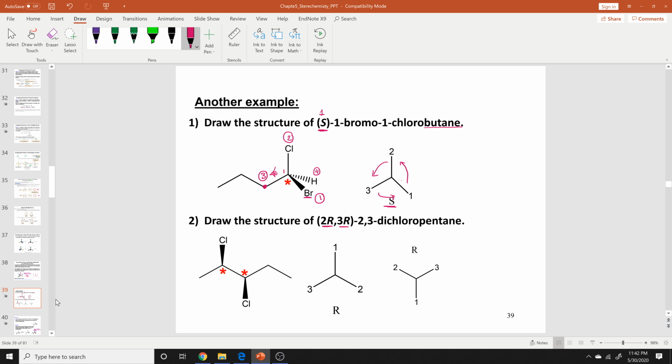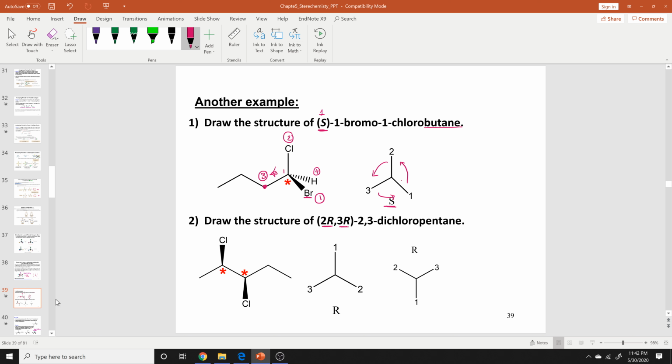So whenever you have two configurations, this means that you have two chiral centers. Each one has an absolute configuration, an absolute rotation around the chiral center. It's the rotation of the groups around the chiral center.